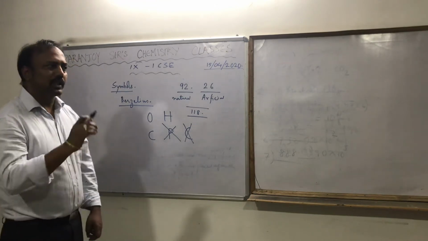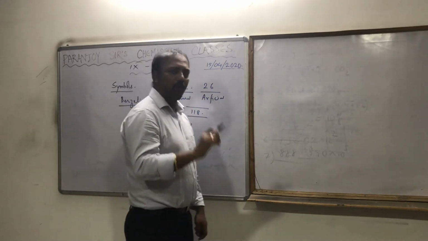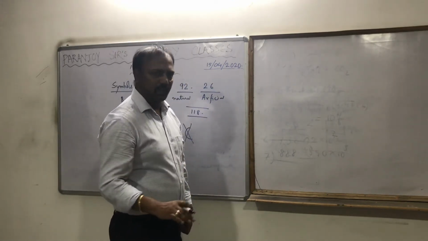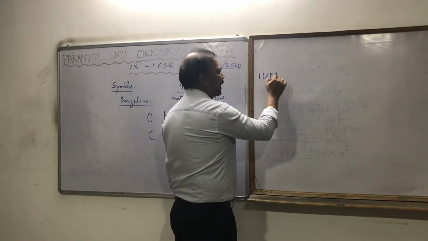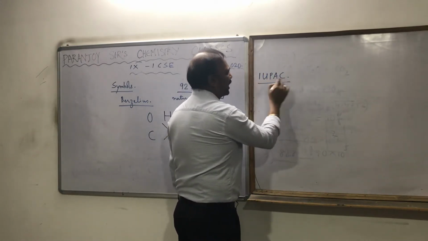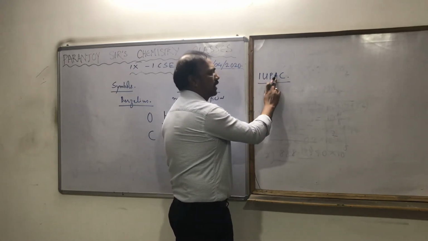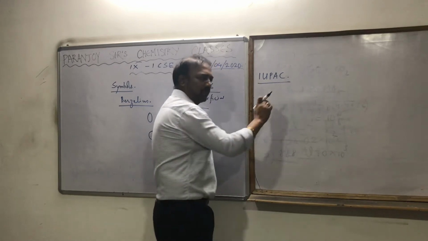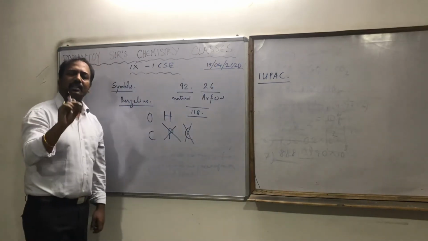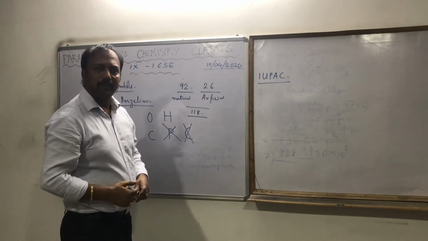So here comes the most important body of chemistry internationally, known as IUPAC, the International Union for Pure and Applied Chemistry. They framed certain rules for the symbolization of the elements.